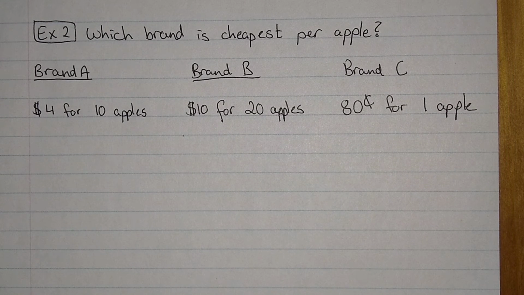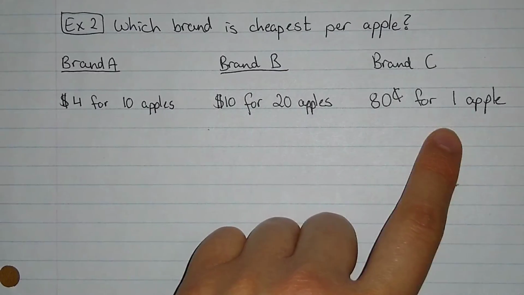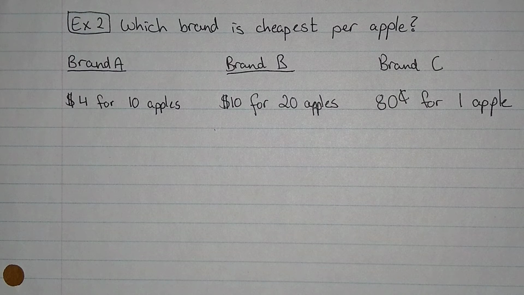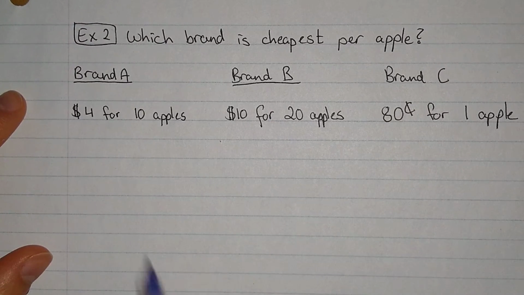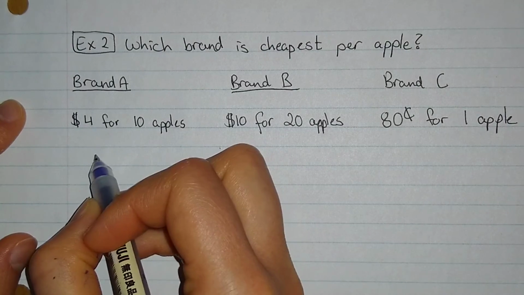So which brand is cheapest per apple? So what we're going to do, because this is for 10 apples, this is for 20 apples, and this is for 1 apple, is calculate the unit rate, which is going to work out what they all are for 1 apple, and then it'll be easier to compare which is cheapest. So let's take a look here. $4 for 10 apples.